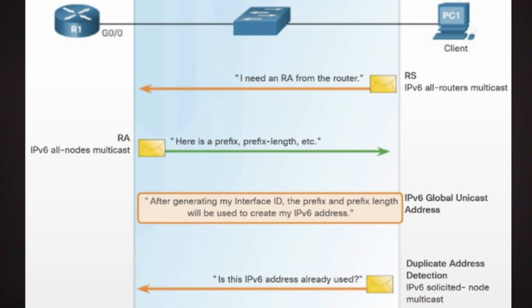Number 4, the PC would then use the information it received to create its IPv6 global unicast address. Then it would create its interface ID using EUI-64, or it would randomly generate it. Number 5, the PC would have to verify that the address is unique by sending an ICMPv6 neighbor solicitation.